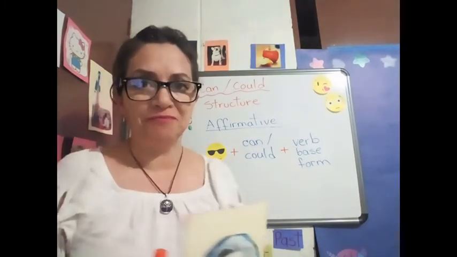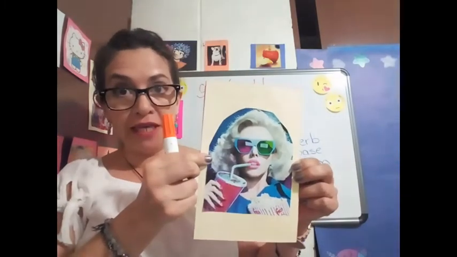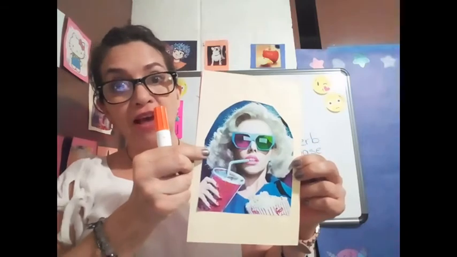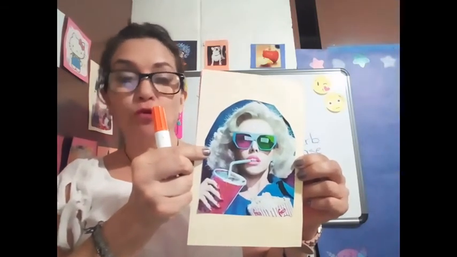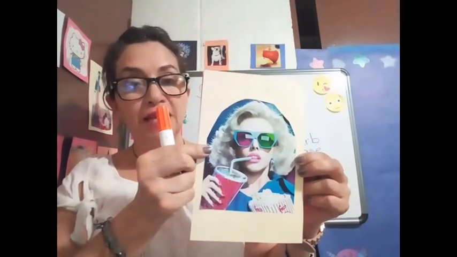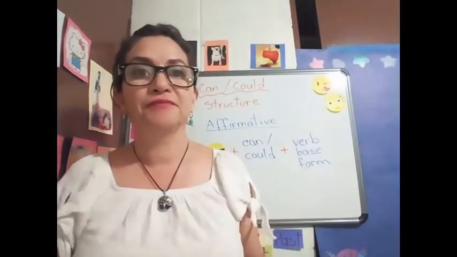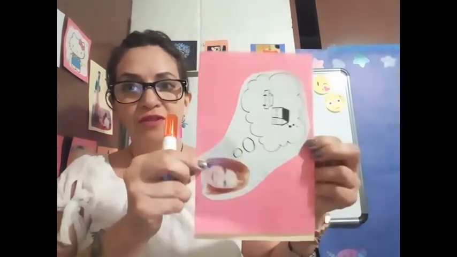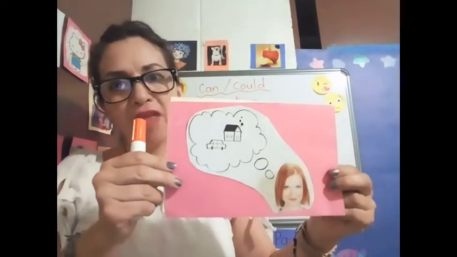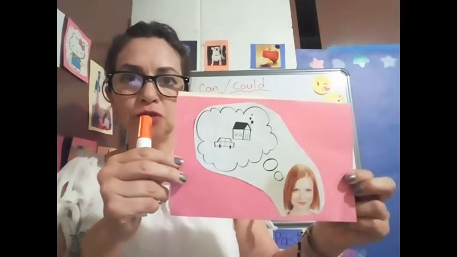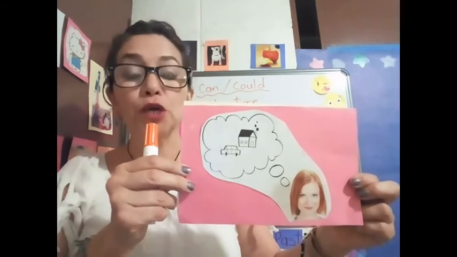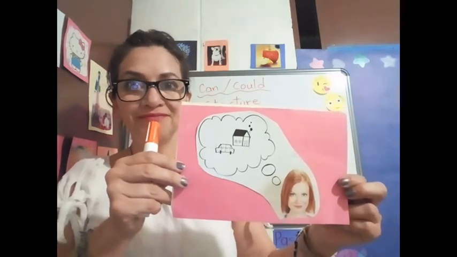For example, we can go to the movies today in the afternoon. Or we could go to the movies today in the afternoon. Or I can visit you tomorrow. I could visit you tomorrow.